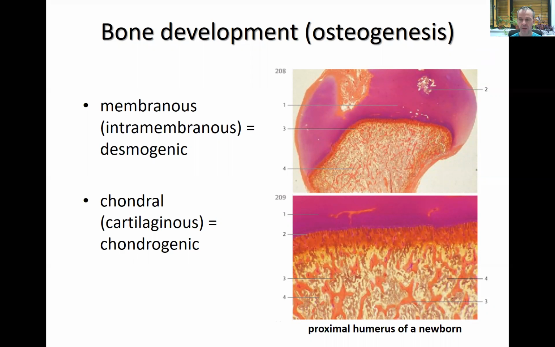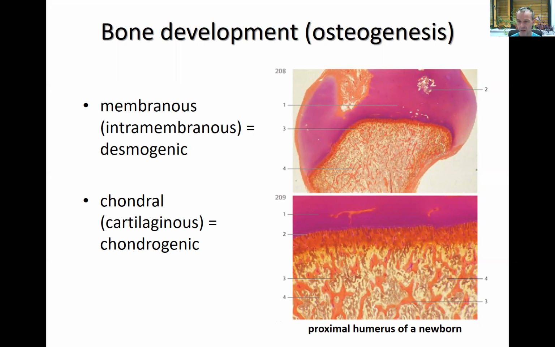It happens in connective fibrous tissue, so sometimes it's called desmogenic ossification, and it's present mainly in flat bones of the skull, so the cranial bones like parietal, frontal, occipital, temporal, and for example in the clavicle as well.